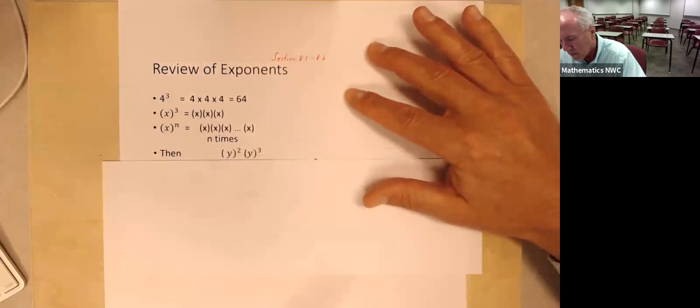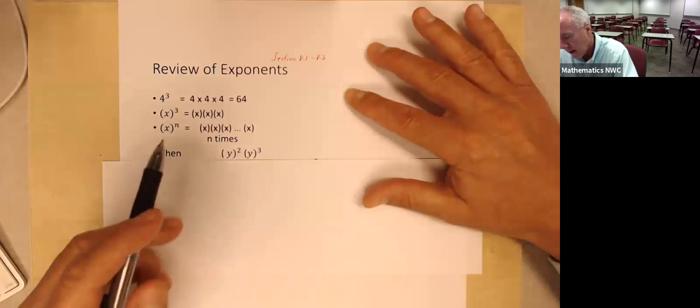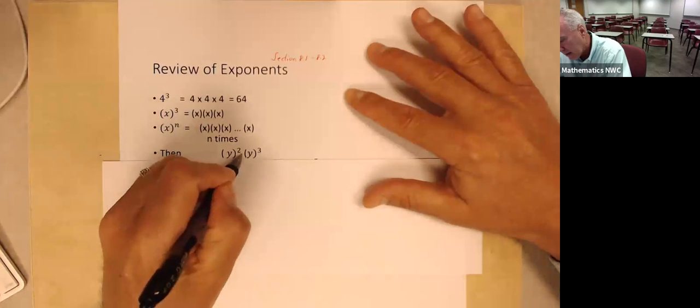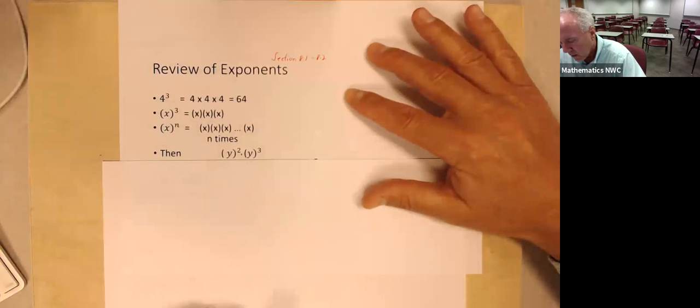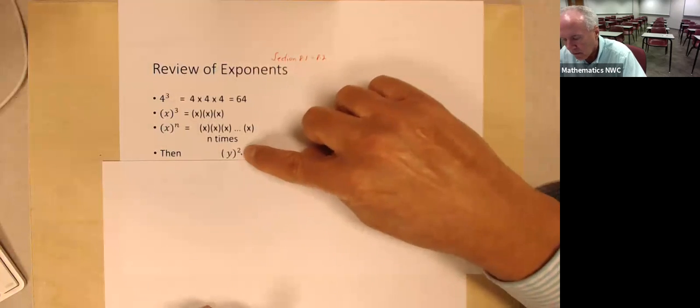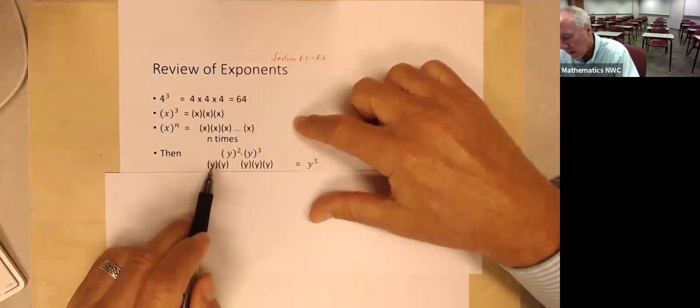But now, here comes the reason for our first rule. What happens if I have y squared and I'm multiplying it times y to the 3rd? Well, the y squared, by definition, would be the y times y.